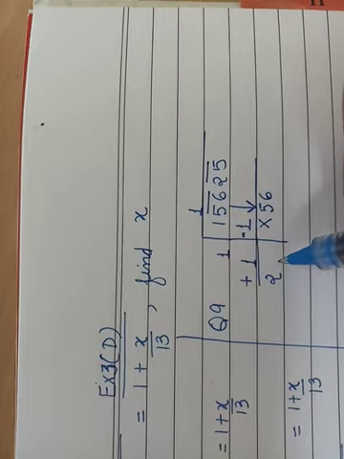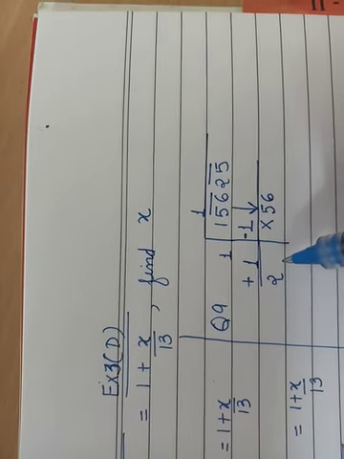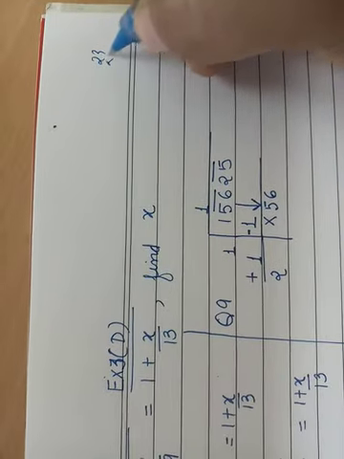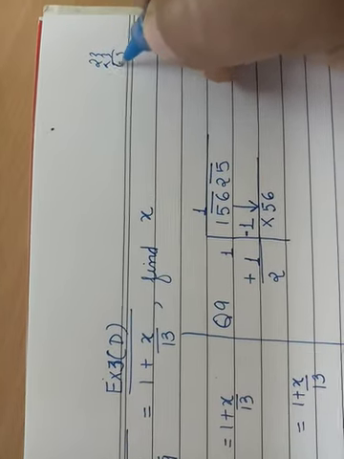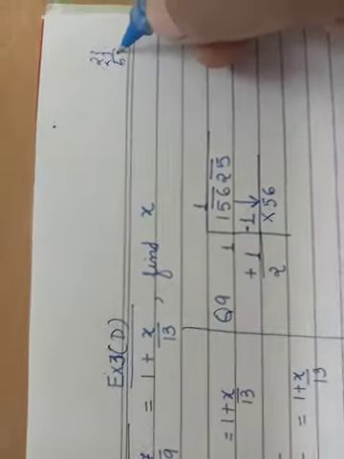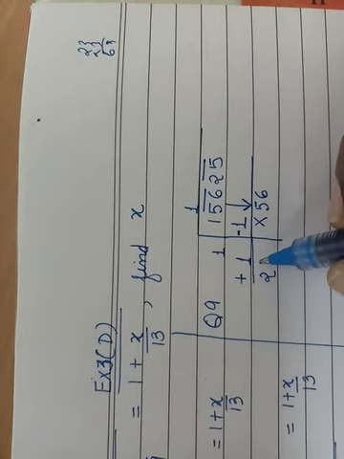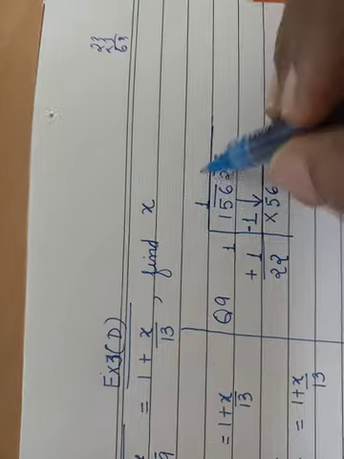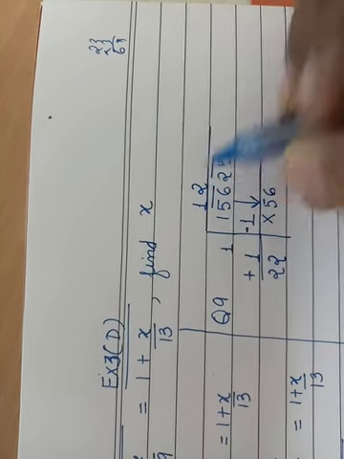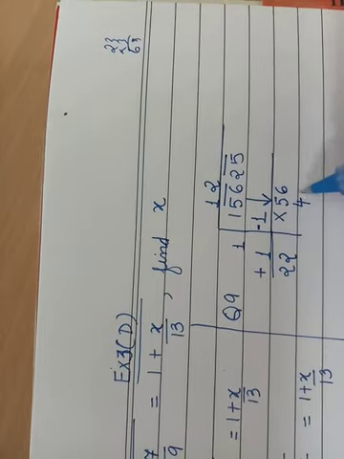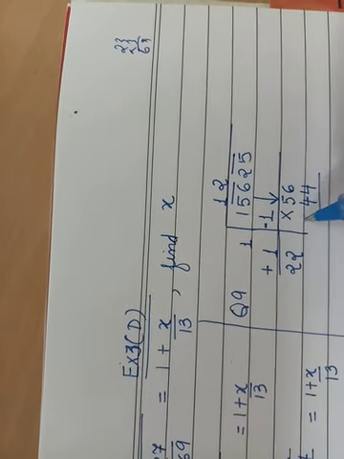If I put 3, 23 into 3 will give you 69. So that becomes greater. So I put 2 here, and 2 here also. 22 into 2 will give you 44. We subtract them now.